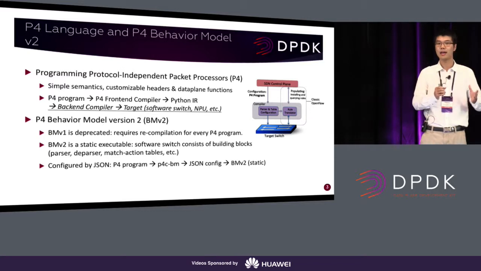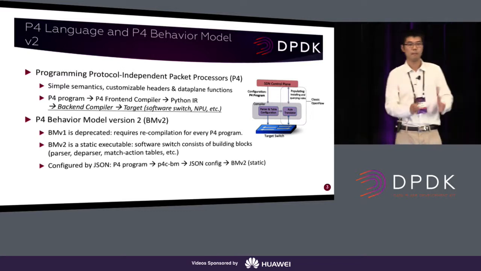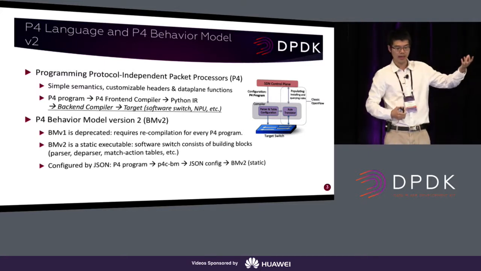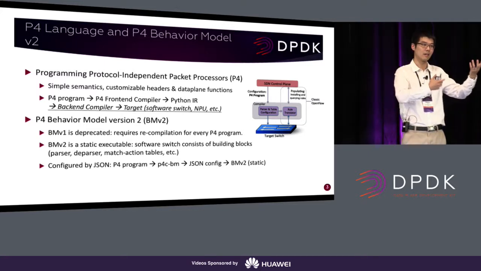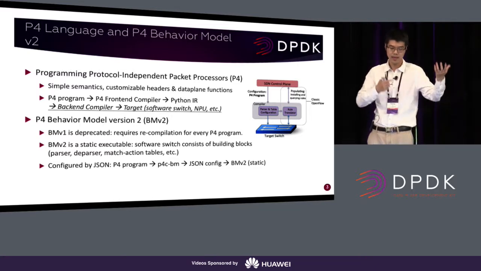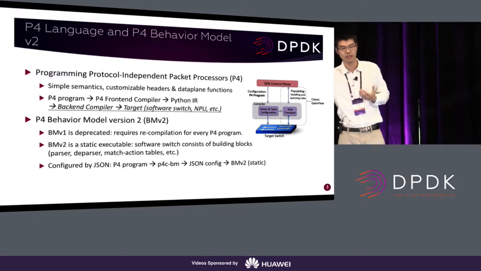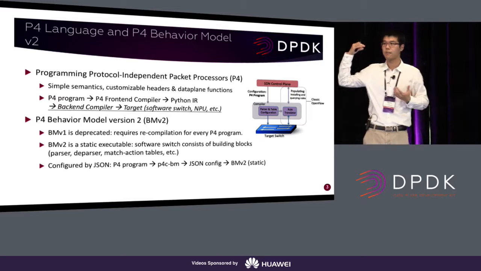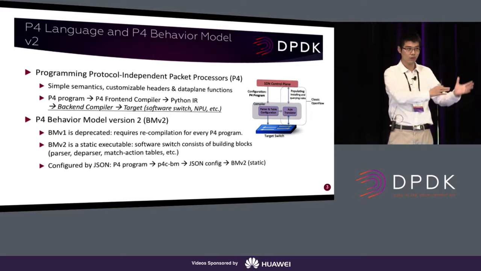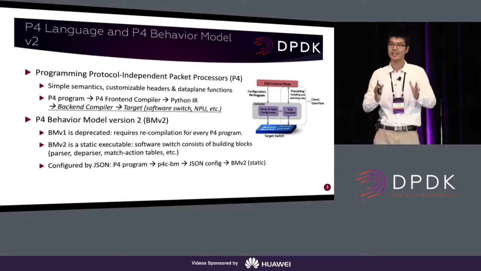And this BMV2 can be configured by your P4 program. Let's say you take a P4 program and apply the compiler provided, called p4c-bm, and that will generate the JSON configuration file. And by using the JSON file, you can finally configure your program onto this static BMV2.